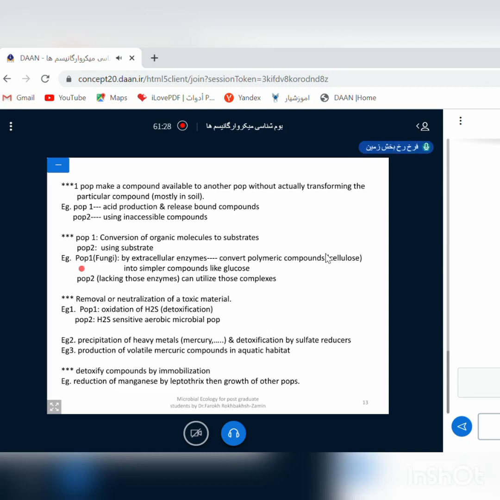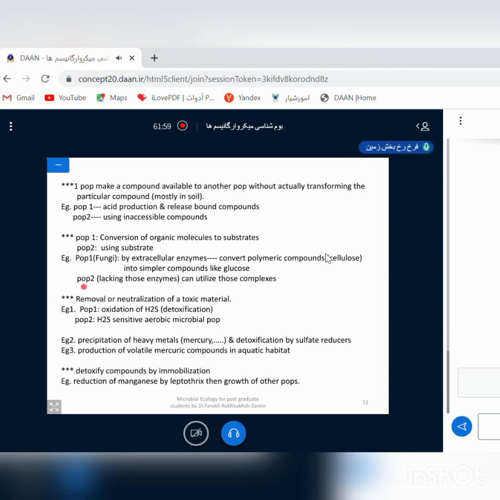For example, population 1, like most fungi, by extracellular enzymes converts polymeric compounds like cellulose into simpler compounds like glucose. So if population 2 is present or absent, population 1 changes cellulose to glucose and uses it, with much remaining glucose.